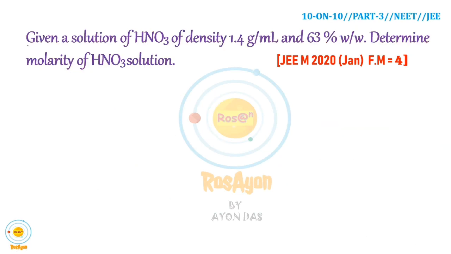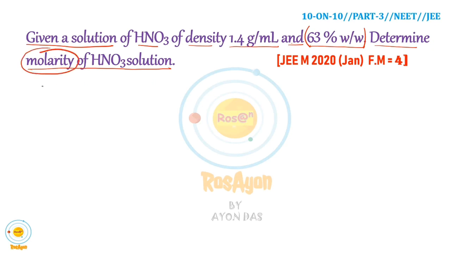Second problem. Given a solution of HNO3, density is 1.4 gram per ml and 63% weight by weight, determine the molarity of the HNO3 solution. That means the concentration of this HNO3 solution is given in percentage and you have to determine the concentration in molarity.